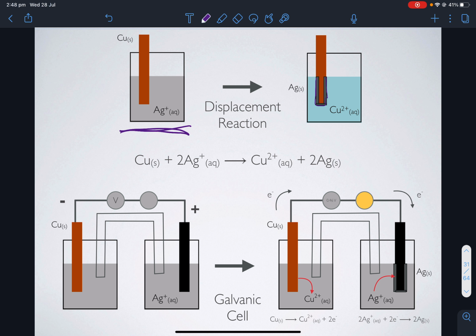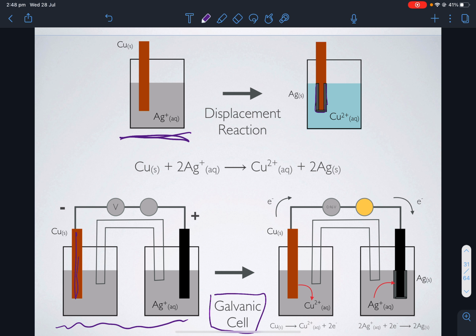If all that's being transferred is electrons, we can set up an electrical circuit. So here we have what we call the electrical circuit of a displacement reaction, or a galvanic cell, okay? So here we've got our copper solid in a solution, and here we've got a silver solution that's not in contact with the copper.